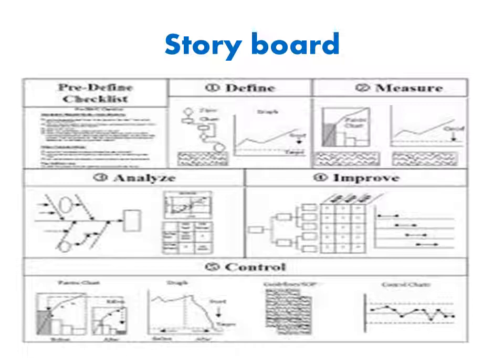In measure, how do you measure? How do you check the gap analysis? Then analysis. Here you will write the fishbone. We'll discuss the fishbone later on. Then improve. What you did to improve the project or to improve your problem. Then control. What is your tool to control or to check or to measure your process every now and then?